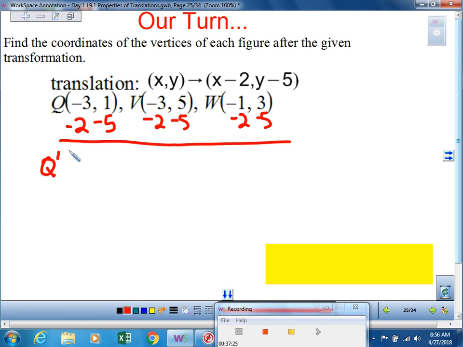Q prime, -3 plus -2 is -5. 1 minus 5, -4. V prime, this is -5, 0. And W prime, writing this down. Everyone should be writing this down. -3, -2.